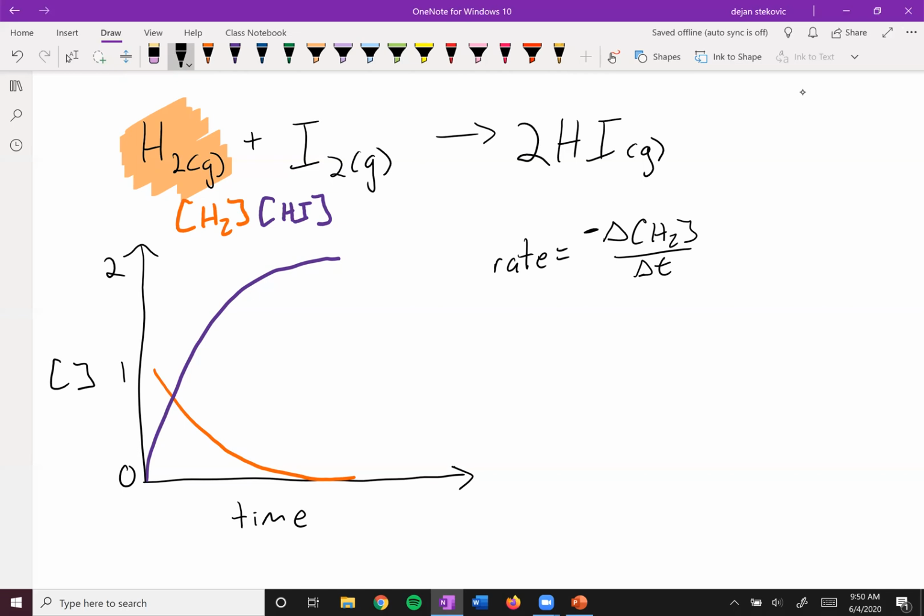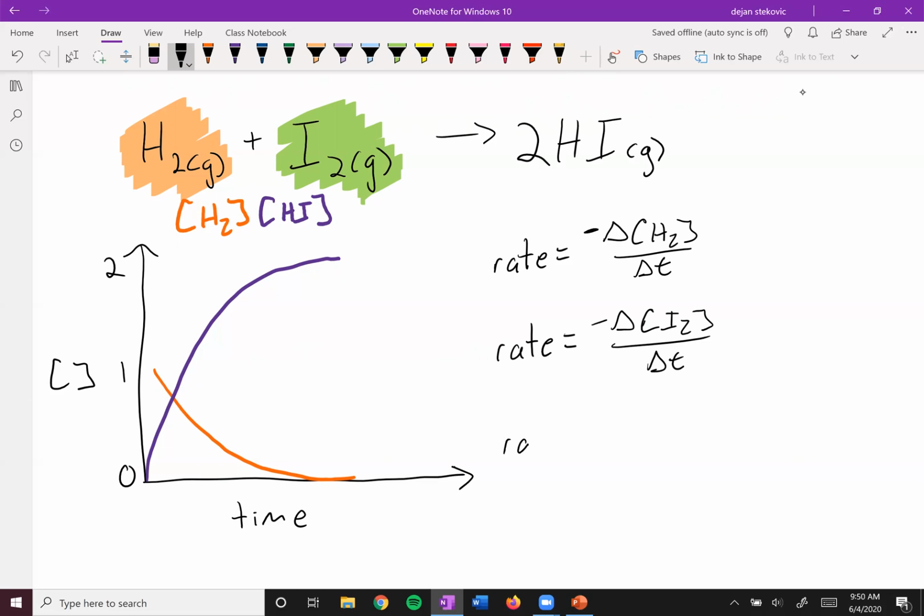You just have to remember that the overall reaction rates are always positive numbers. If we think about the rate in terms of I2, for each reaction we only have 1 I2, so our rate is going to be equal to the change in I2 as well, and you can have that negative there or not.